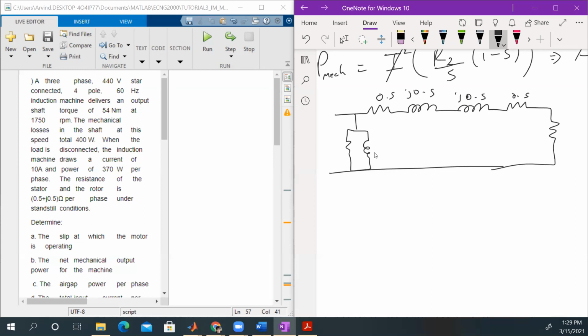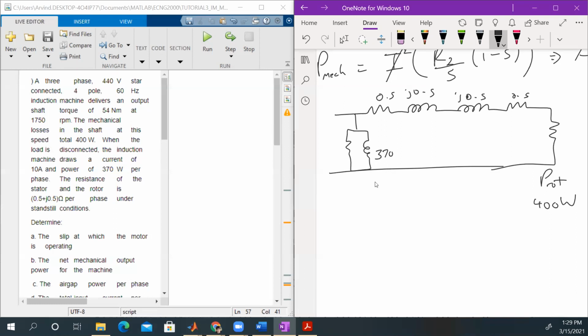And then we have here 370 watts here. And we have P rotational at 400 watts.